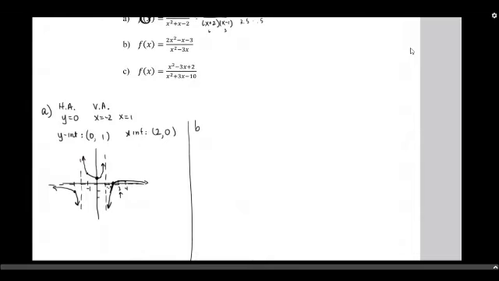All right, for part B, we look at some of the factored forms. It's going to be x and x minus 3 in the denominator. Let's see if we can factor the numerator.